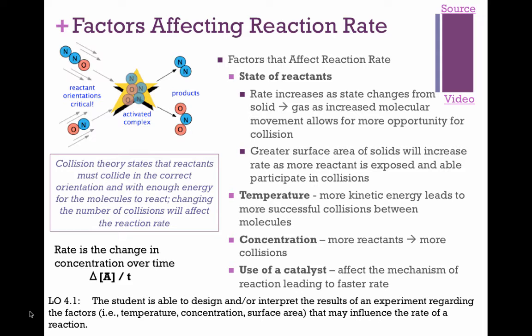When you're thinking about reaction rate, think about movement of molecules and how many collisions they have. If you're thinking about states of matter, which would have the faster reaction rates? Yeah, gases, because gases move the fastest, so they collide more, and they have faster reaction rates. Solids don't react as quickly as gases do.